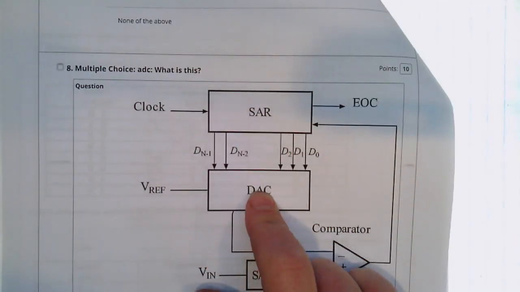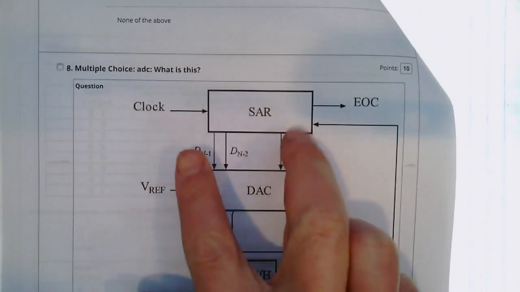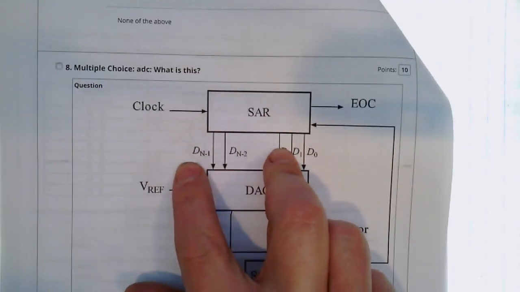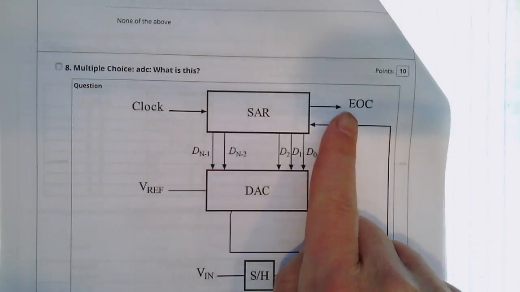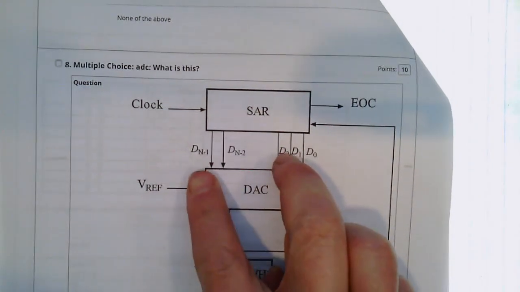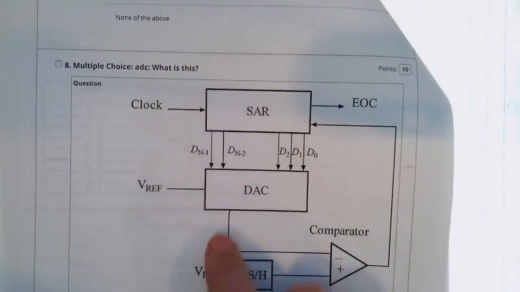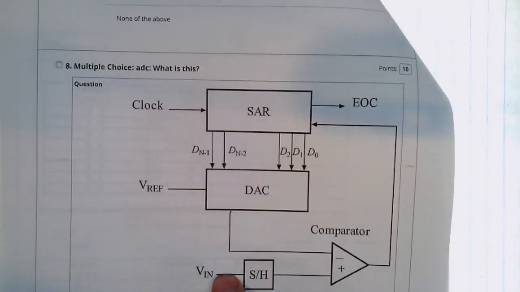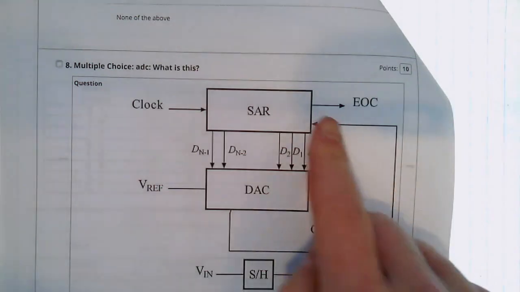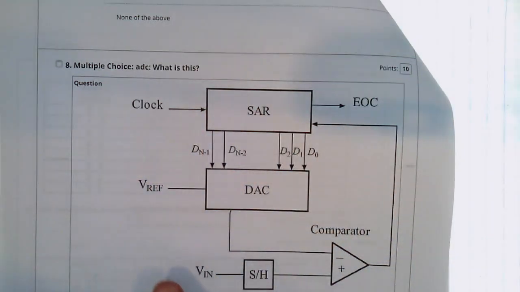And what we want to do is latch this number so that once we see the end of the conversion flag come in, we will be able to get a number that corresponds to the voltage which is used on the input. This entire system is a successive approximation system.